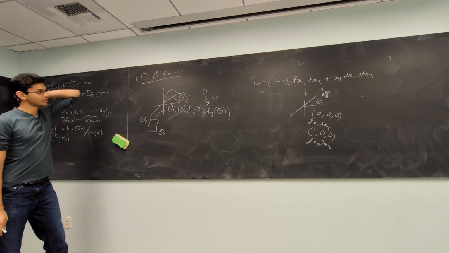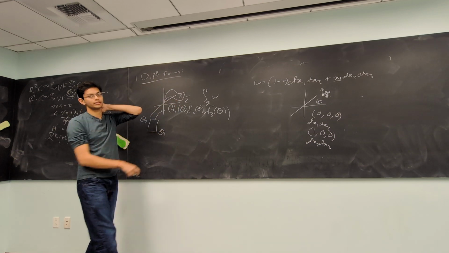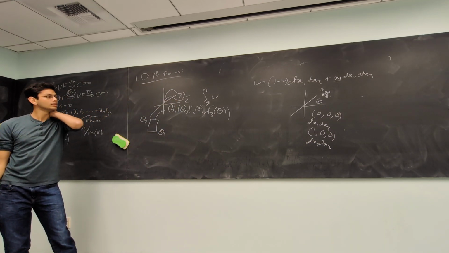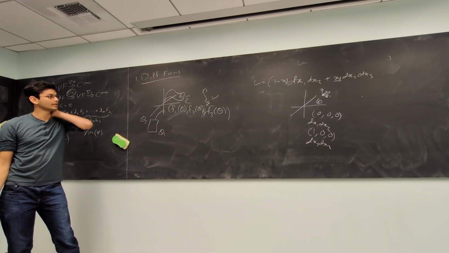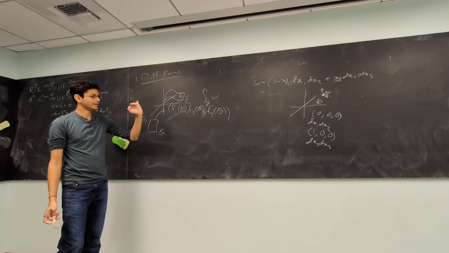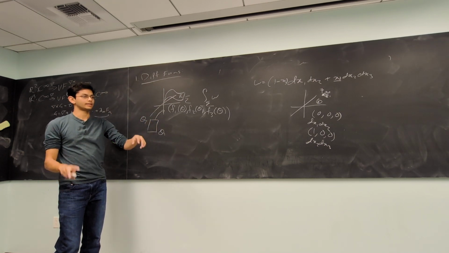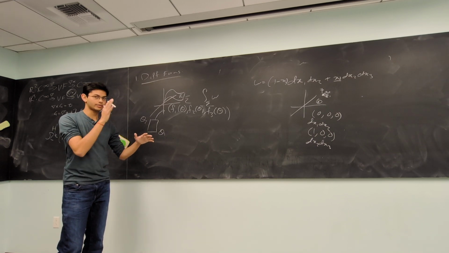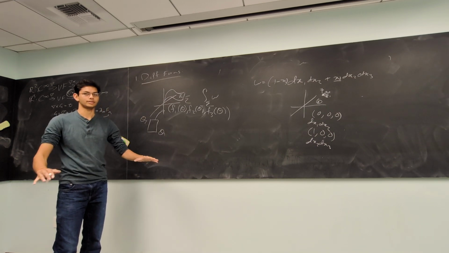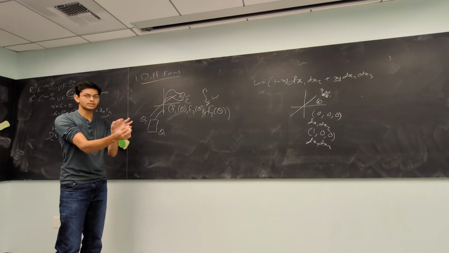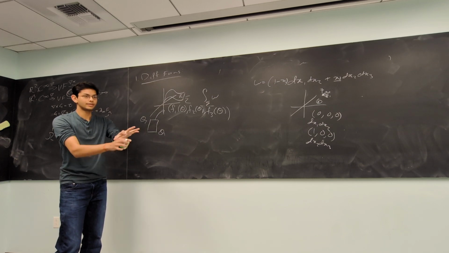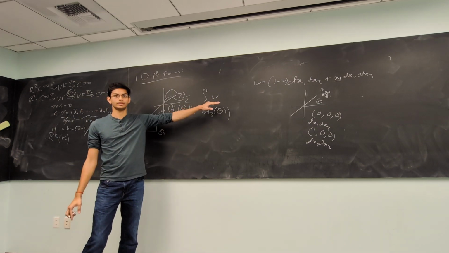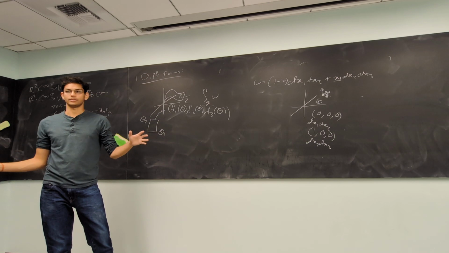Yeah, so omega is going to, at any point, take in two vectors and give you the area spanned by those two vectors. And so what we're doing is taking a non-linear version of the sum of areas. The reason I say it's non-linear is that instead of just taking the area of a parallelogram, we can take the area of any sort of surface. The way we do that is we decompose the surface into little pieces, compute the areas of each of those little pieces according to this omega, and then add those all up together.